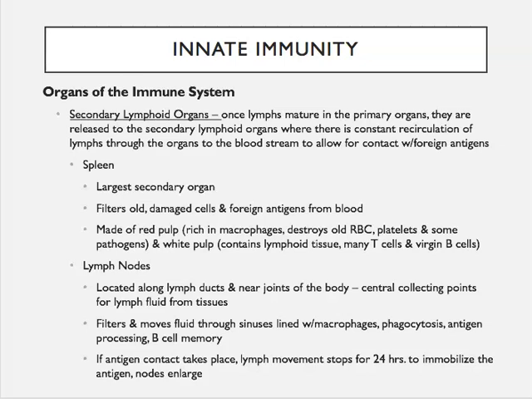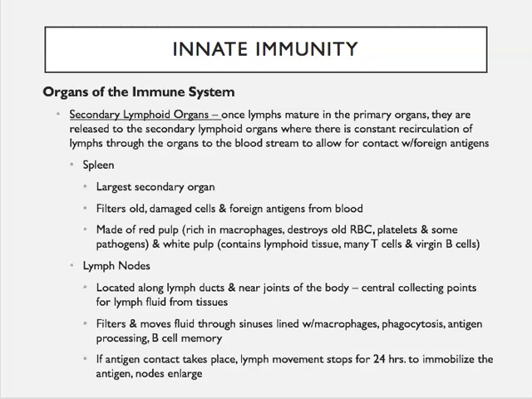That allows for contact if there are foreign antigens present. That constant circulation is going to allow the body to more quickly and better recognize those foreign antigens. Lymphopoiesis, which is your multiplication of lymphs, occurs in the secondary lymph tissue and is dependent on antigenic stimulation. So again, your body has to respond to a foreign antigen.